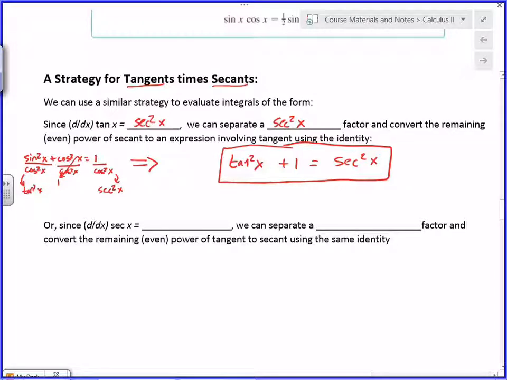So this identity right here lets me replace secant squareds with tangents. Actually, 1 plus tangent, right?